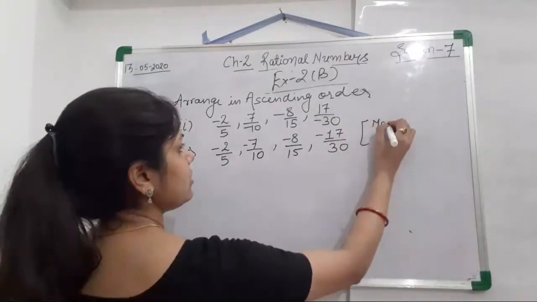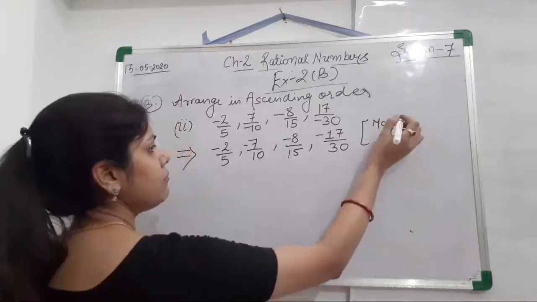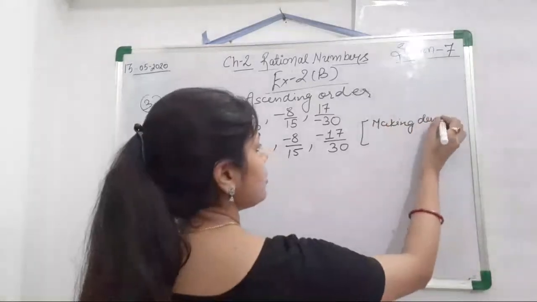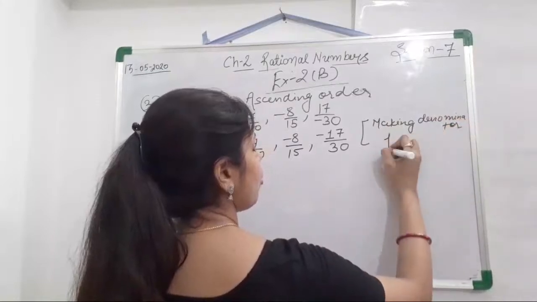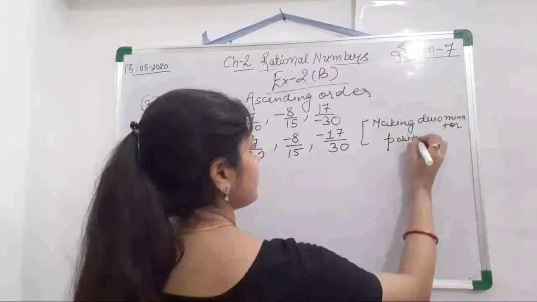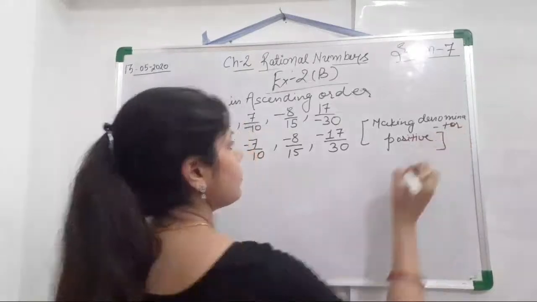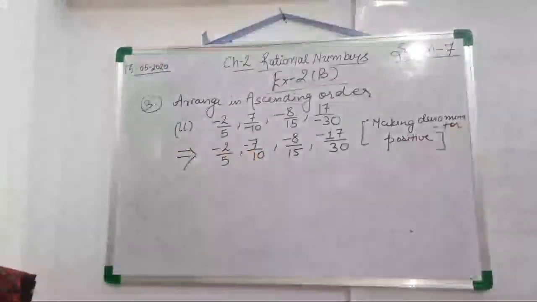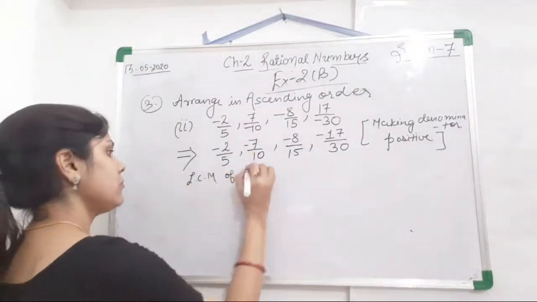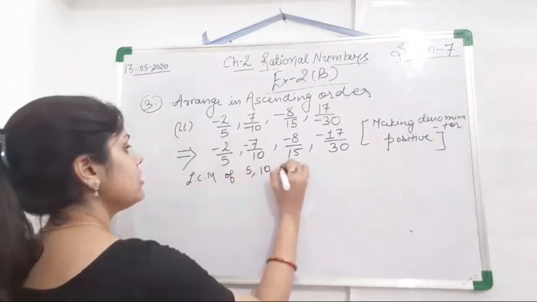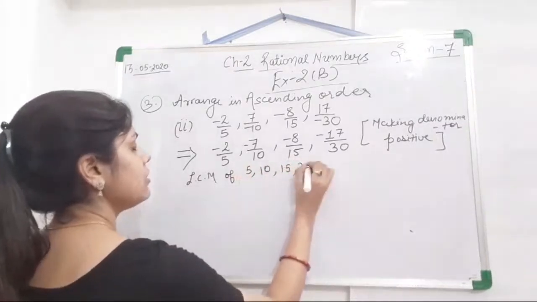You don't write this, I am writing it, making the denominator positive. First I make the denominators positive. Now LCM of 5, 10, 15, 30.